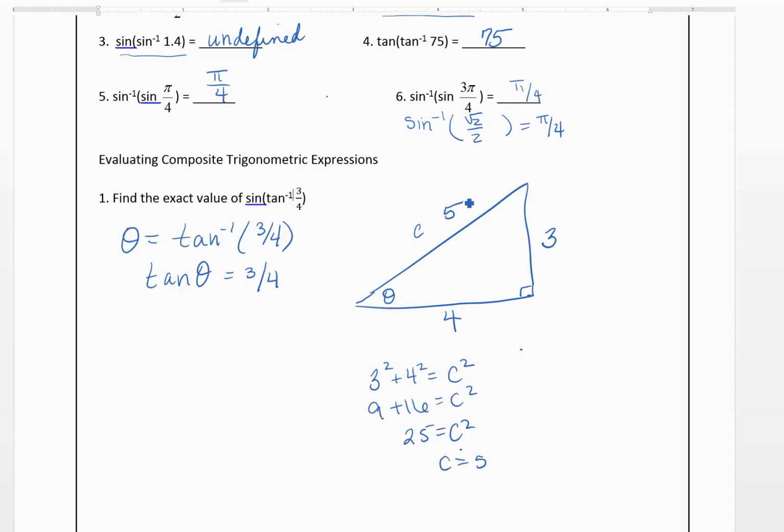So now what we're asking for is sine of that angle. We're saying what is sine of this theta? And sine here would be opposite over hypotenuse, so it would be 3/5. So the answer here is 3/5. Sometimes, if it's not a value that's on the unit circle, you can use a right triangle to help you solve.